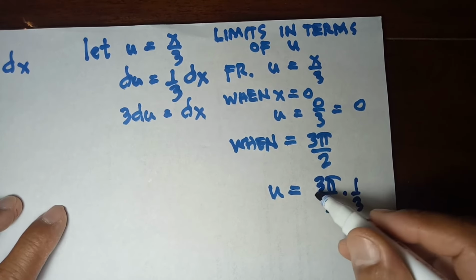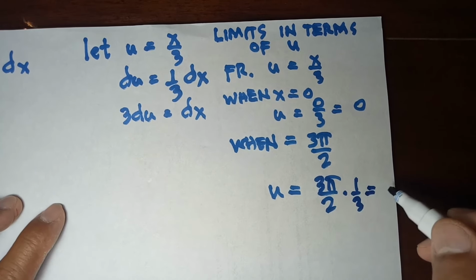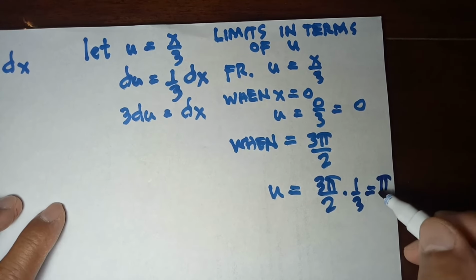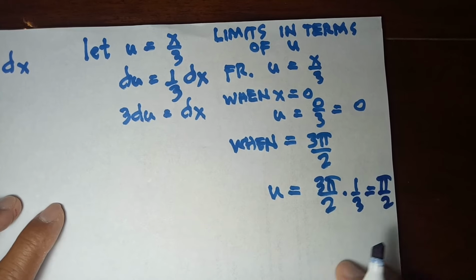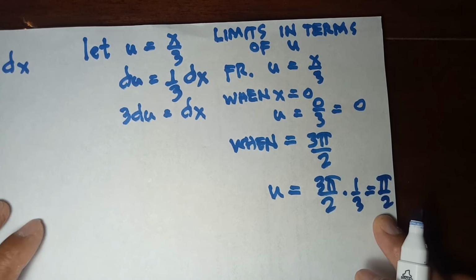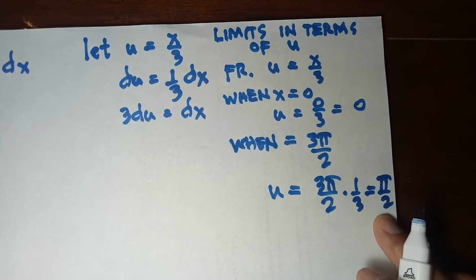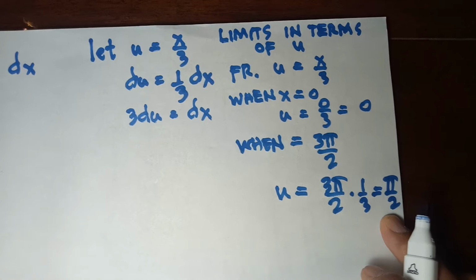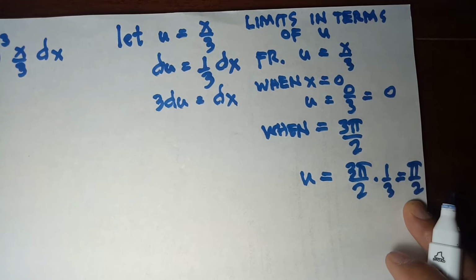Cancel 3, so magiging sagot natin pi over 2. So, yung upper limit natin in terms of u ay equal siya sa pi over 2.